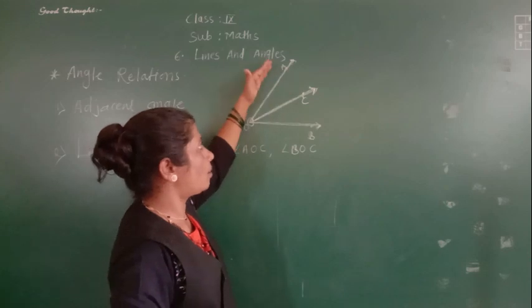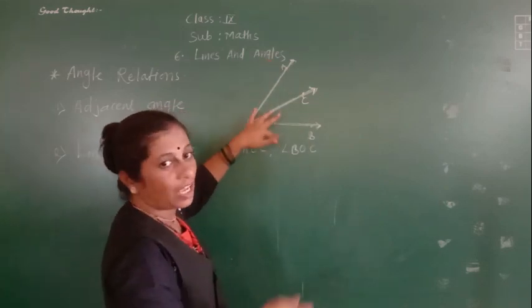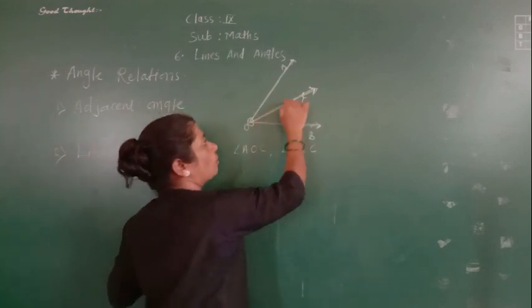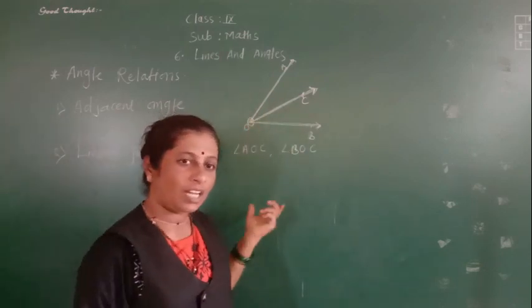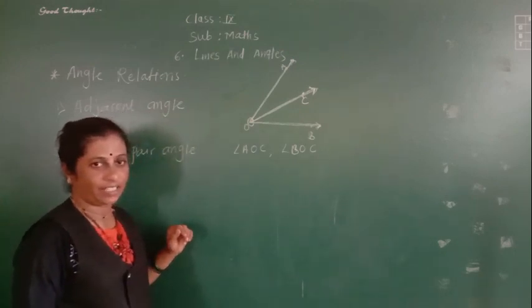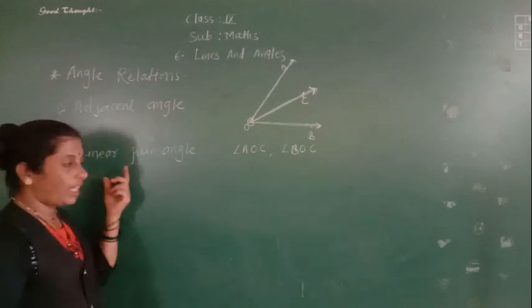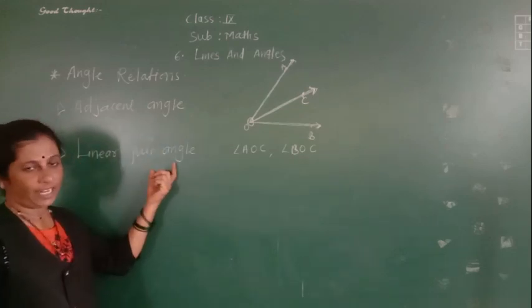So one is upside and one is downside. So these are the conditions for two angles to be adjacent angles. Understood? Now next is the linear pair angle, right?